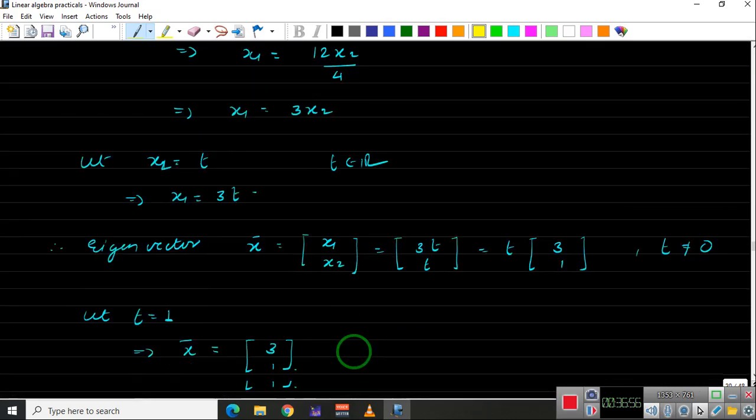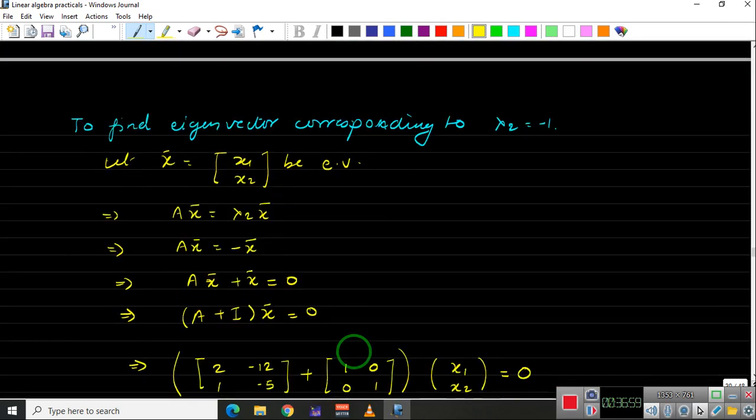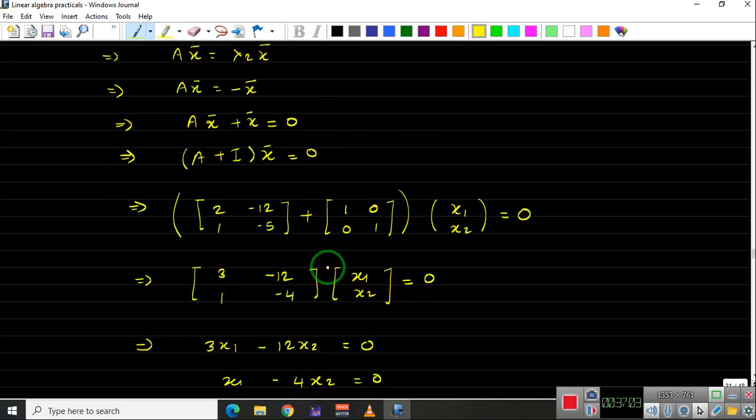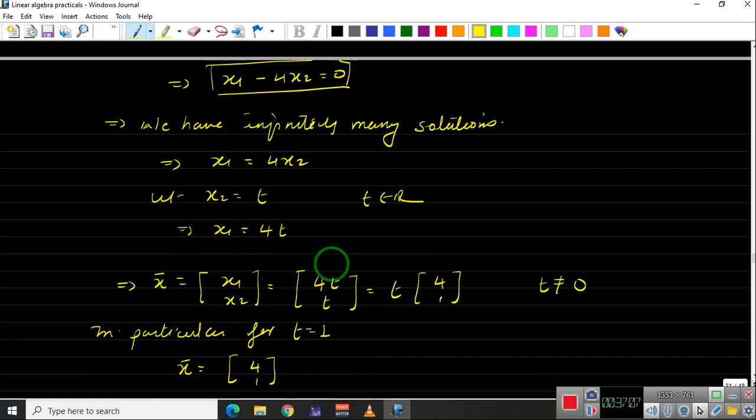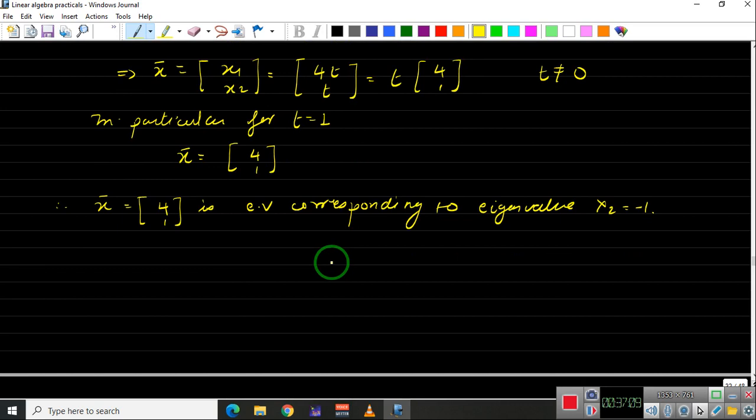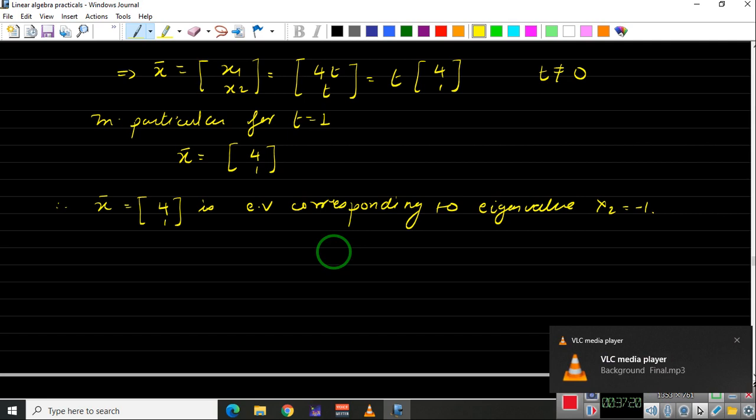In the case of a 3 by 3 matrix you may have a system of 3 equations in 3 unknowns, and in that case you may have to go for the Gaussian elimination method or any other method.